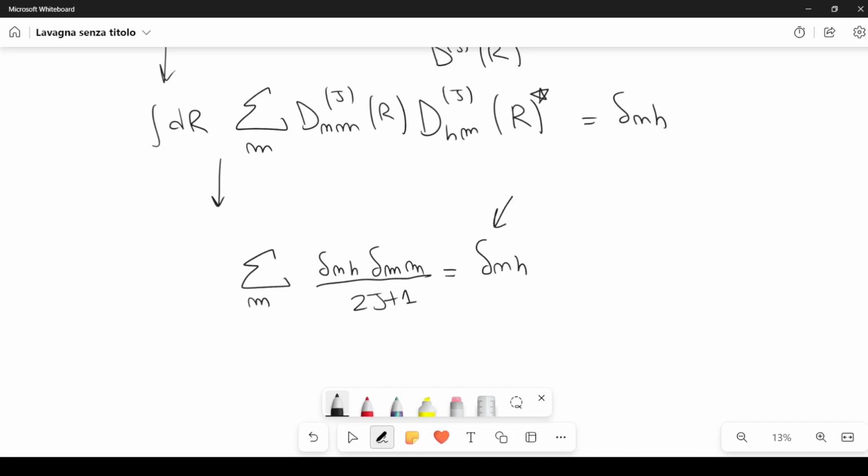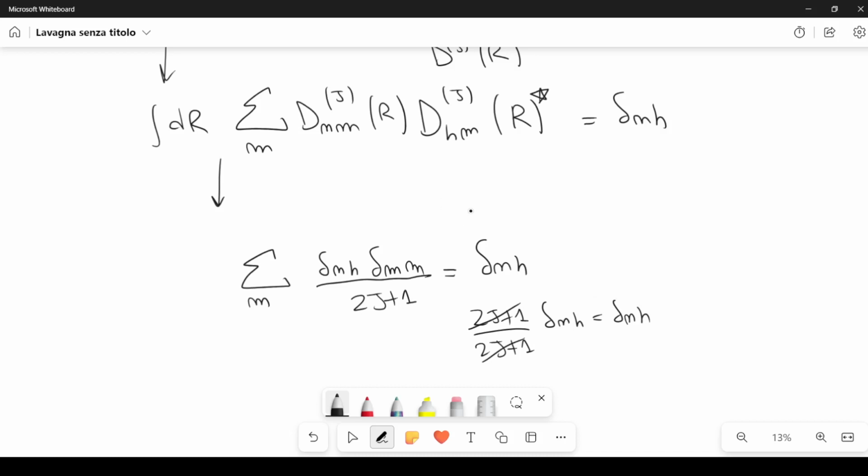And is this correct? Well, the answer is yes, this is correct, because when you perform the summation over m, you will get another factor of 2j plus 1, which will cancel this. So you will have 2j plus 1 divided by 2j plus 1 times delta nh equal to delta nh, right? So you get a correct identity there.